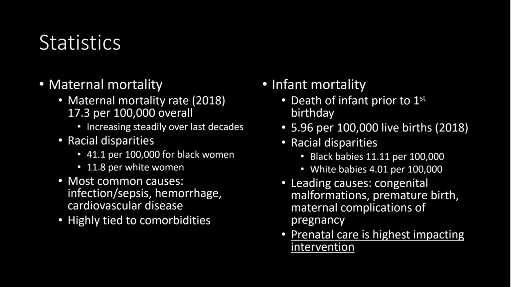And we know that that's one of the reasons that the maternal mortality rate has increased so steadily over the last few decades: we have an increased number of comorbidities overall in the general population. And we also have an increased number of women who become pregnant and stay pregnant, or are able to get pregnant, who have more comorbidities than they did, say, 50 years ago.